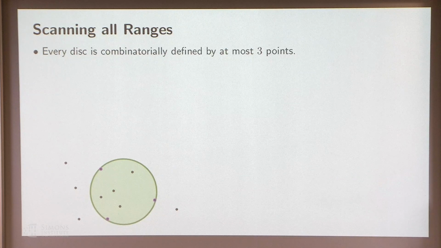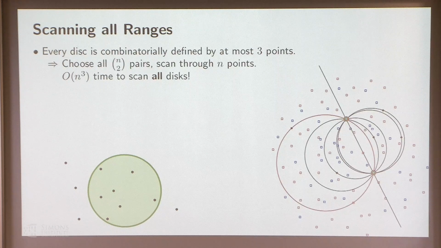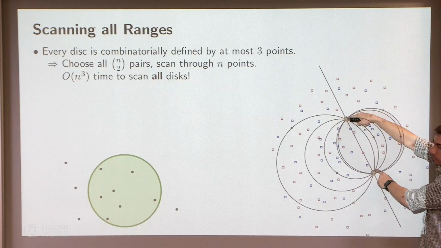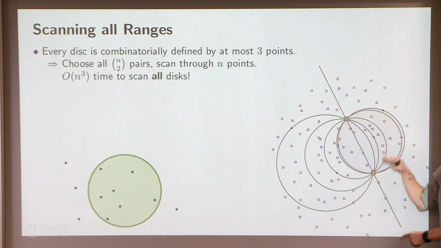I can iterate over all these, and actually do this efficiently without having to recompute the sum. I pick every pair of possible points, and then I can sweep through some order defined by this pair. This takes n cubed time for all n squared pairs, and then a linear time sweep. So I can basically do this in n cubed time for disks.